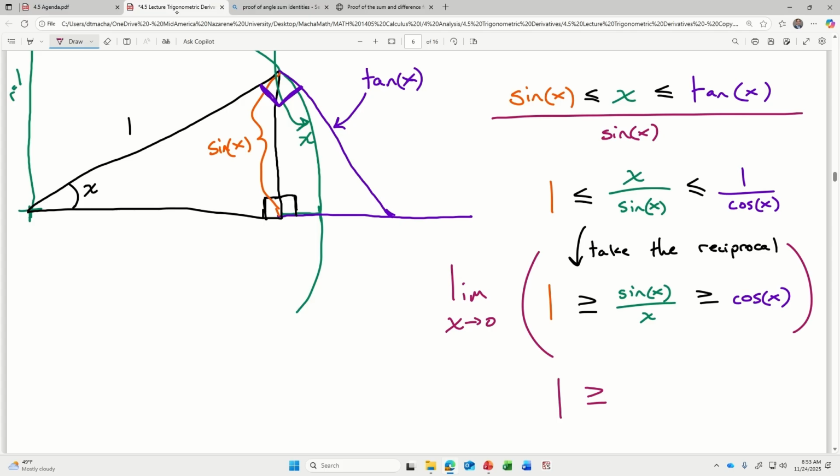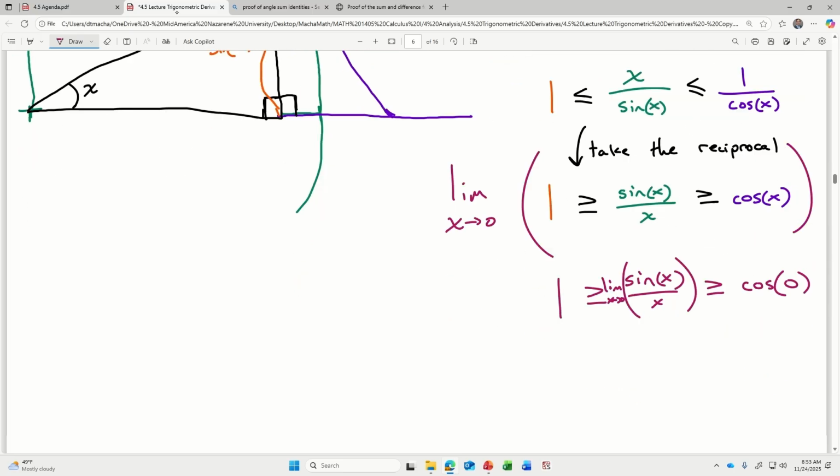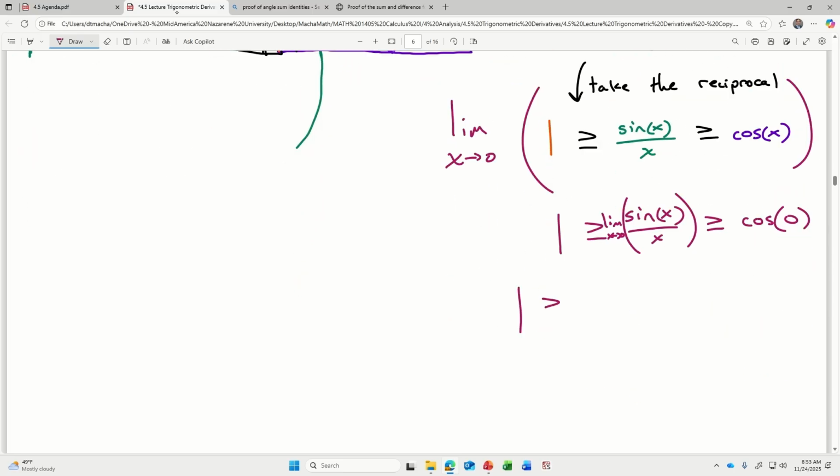In other words, what's cosine of 0? What's cosine of 0, you guys? Yeah. It's 1.